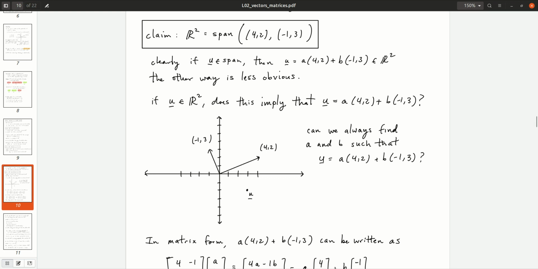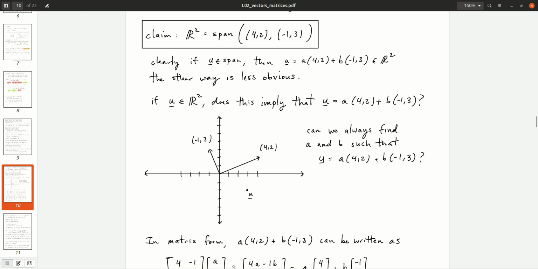And then the sum of those is going to be A times 4 minus B, comma, A times 2 plus 3 times B. And that is a vector of length 2 that has real numbers, and therefore it's a member of R2. So that means it's easy to go from this set to this set.